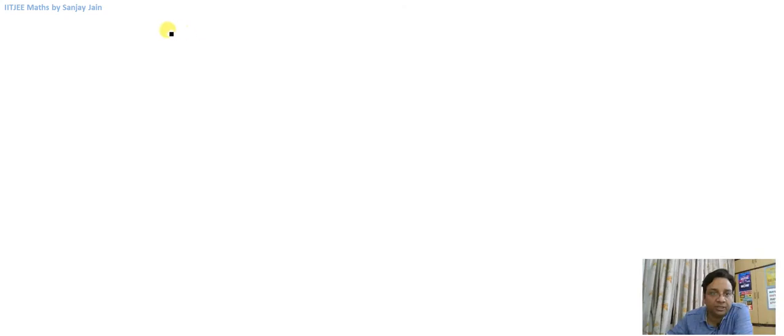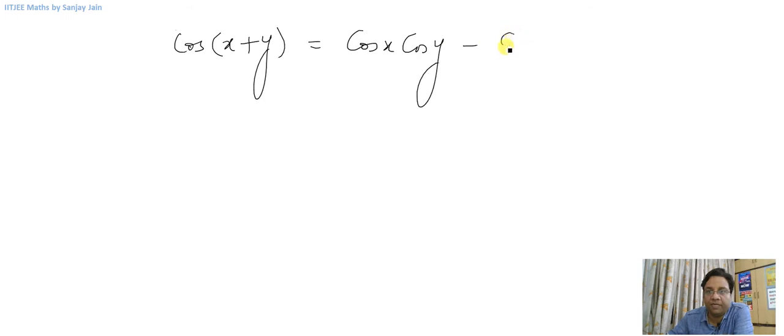Now before moving forward, let me clarify some small things. For example, in your NCERT, the formula that is derived is this one: cos of x plus y equals cos x cos y minus sin x sin y.